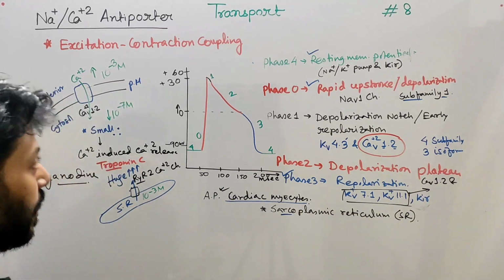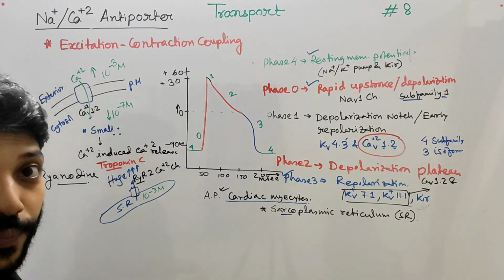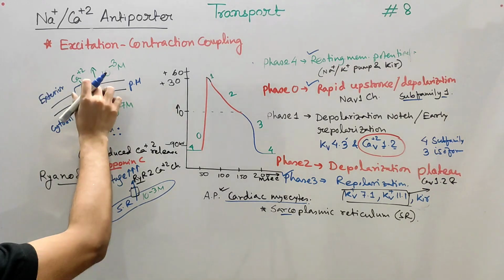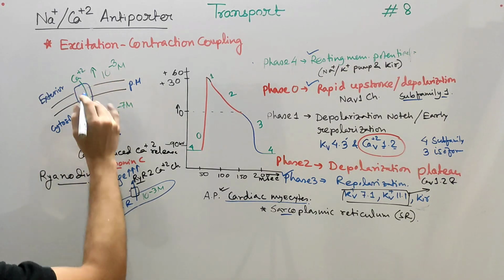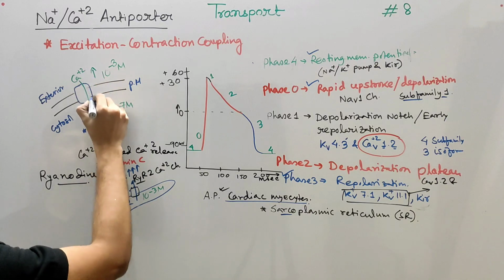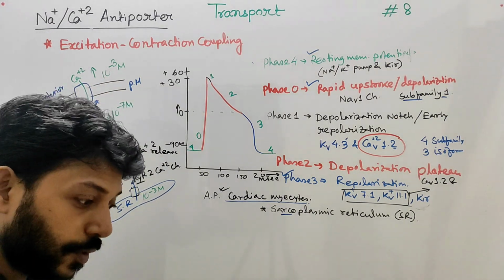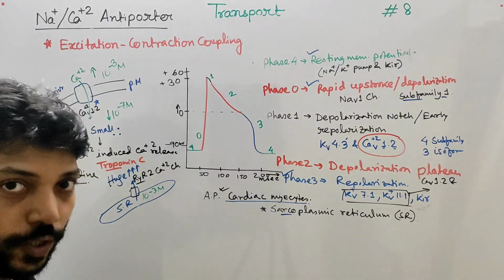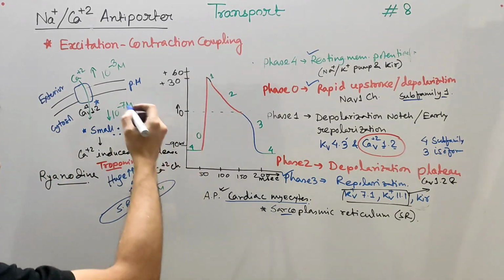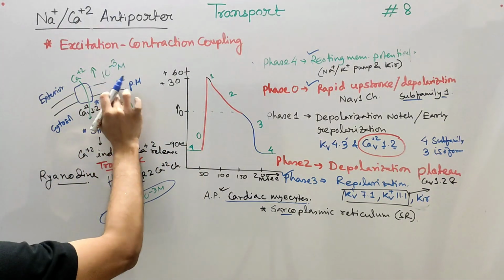For the relaxation, the sodium calcium antiporter actually plays that role. As you can see, as much calcium as enters through this channel, that amount of calcium is extruded. Extrusion occurs, that means efflux of calcium occurs through this sodium calcium antiporter.